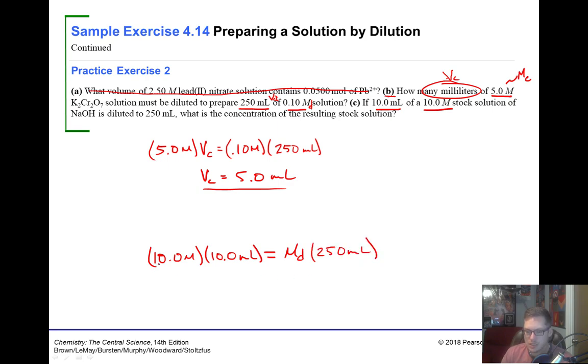So we're going to take 10 times 10 divided by 250, so 100 divided by 250. It's 0.4. I guess I could have done that in my head. 0.400 molar is going to be the concentration of our solution, MD, the molarity diluted.